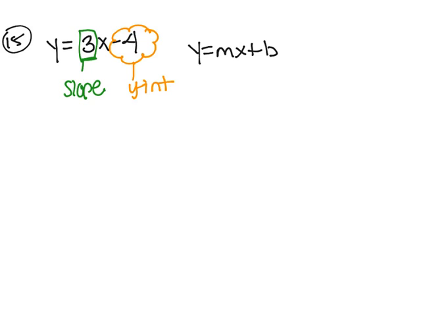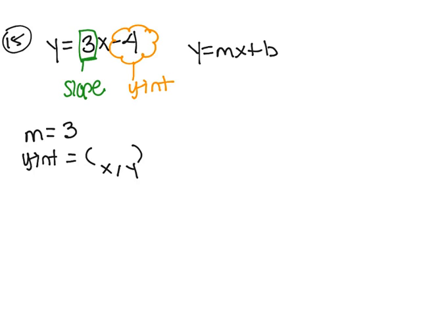So when you're looking at choices, you got to know that m means slope. So it's going to say m equals 3. And the y-intercept needs to be in point form. So if I'm looking for an ordered pair, make sure you know where your number's supposed to be. This is x and this is y.